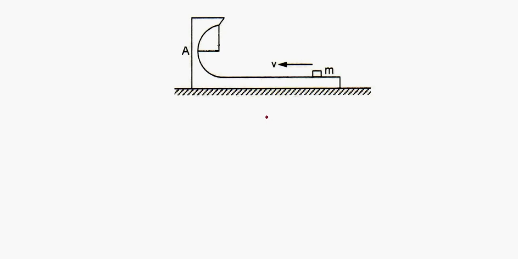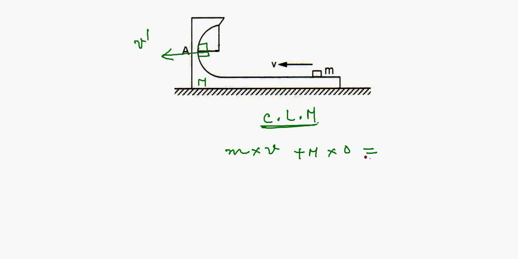Now let's use conservation of linear momentum for the system of blocks. Initial momentum of the system was m into v plus capital M into 0, because this block was initially at rest. The velocities of the blocks at the point A are the same. Let's say that velocity is v prime.